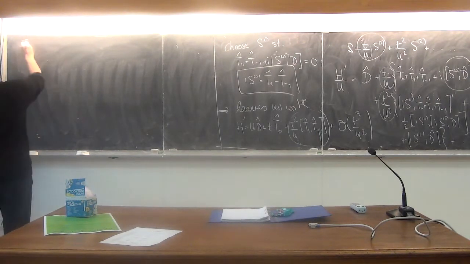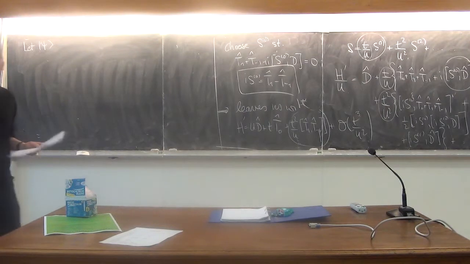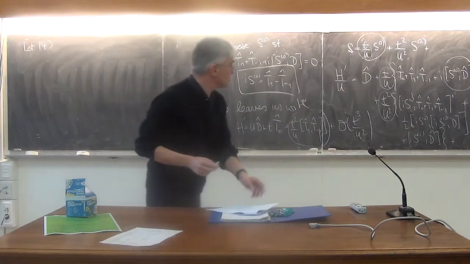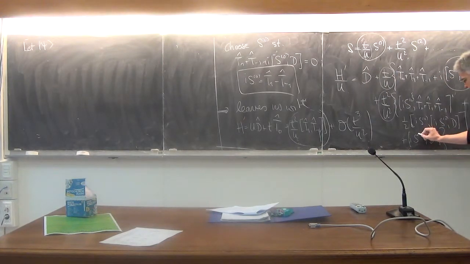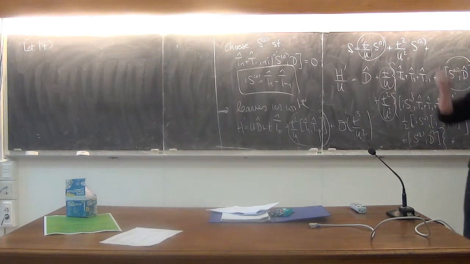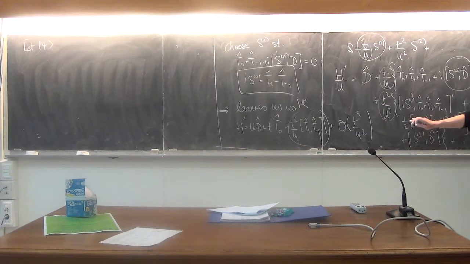Now, S1 is a good question, so I was skipping some steps. What you want to do at this stage is the same thing you did at the previous stage.